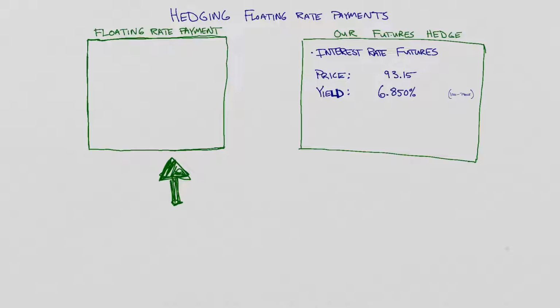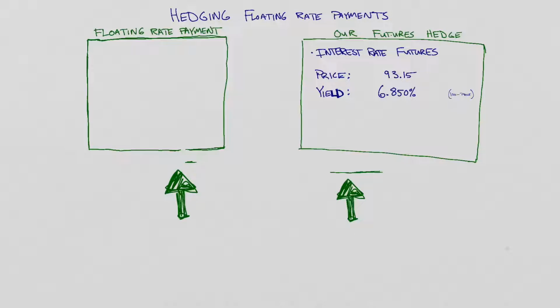But with a hedge, what we want is something that when we take a position on this interest rate futures contract, as interest rates go up, then hopefully this futures contract, if we took the right direction on that position, goes up as well. So at the same time that our cost of interest on this variable rate loan goes up, so does the profit on our futures position on this interest rate futures contract.